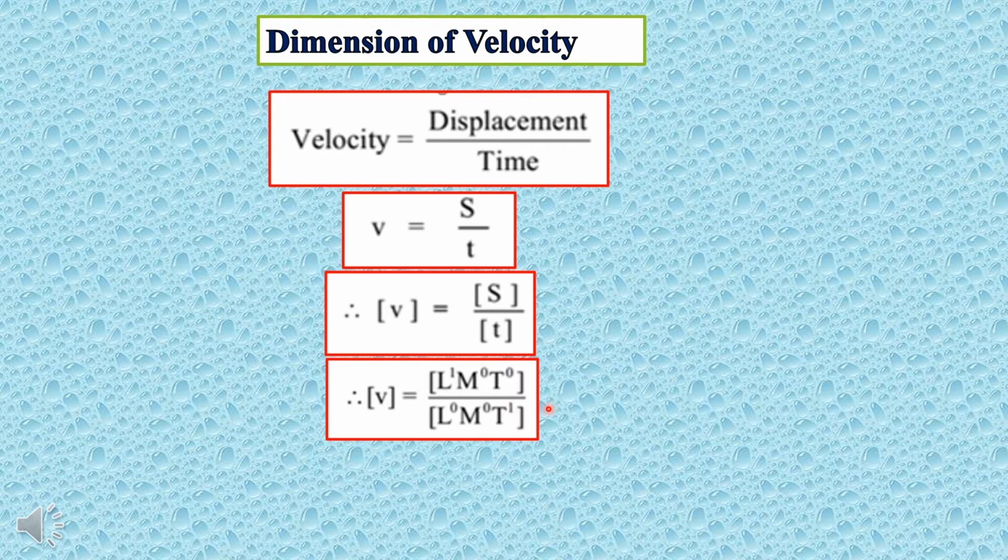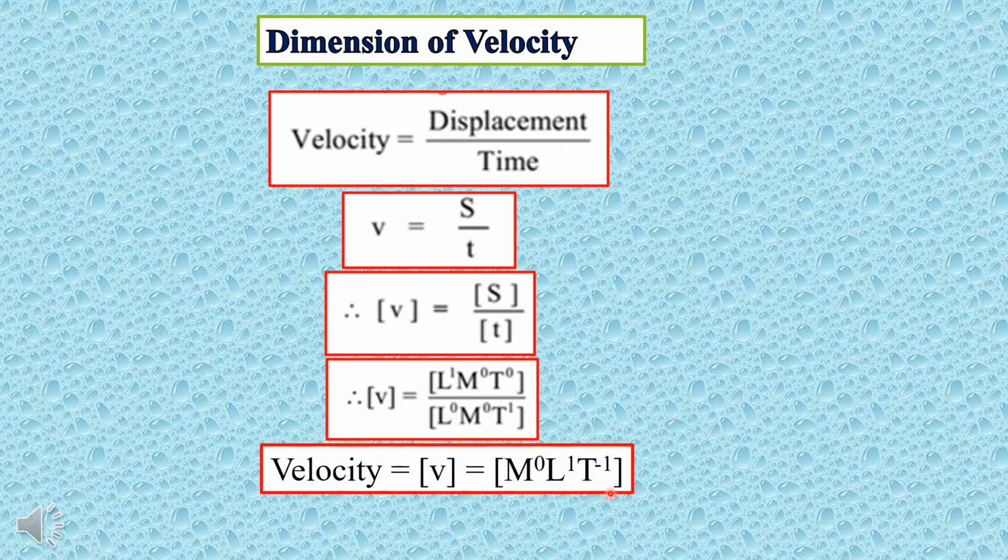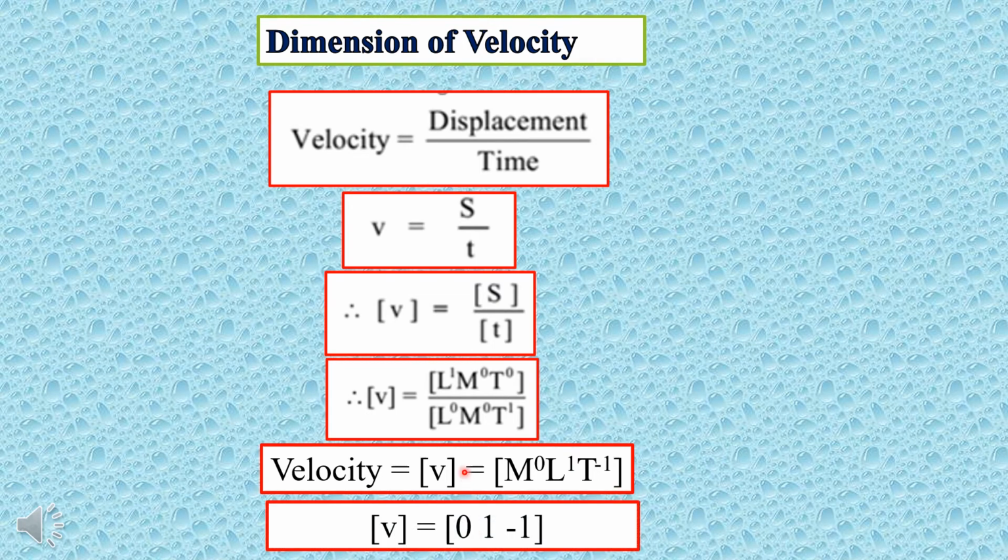We can also write L to the power 1 divided by T to the power 1, but it's good to write M and T with L, and we get M^0 L^1 T^-1. The standard way of writing is, first we write M, then L, then T. And from this we know that dimensions are the powers to which these fundamental quantities are raised. So the fundamental quantities are raised to the powers 0, 1 and minus 1. So we get the dimension of velocity.